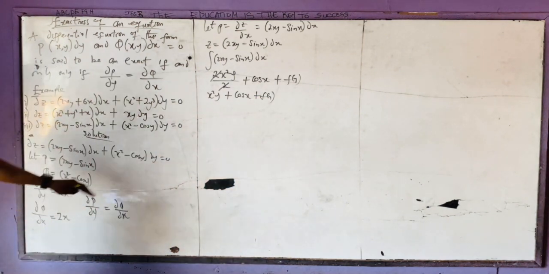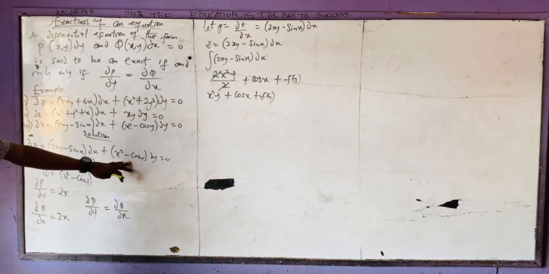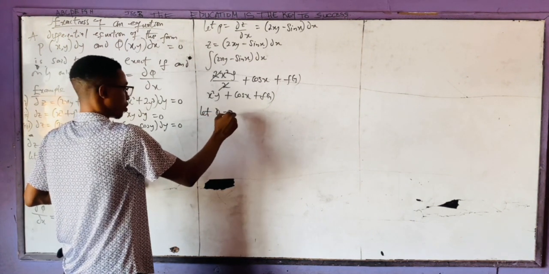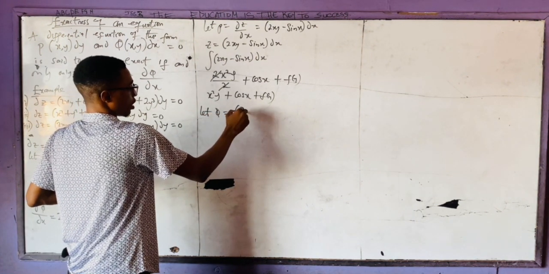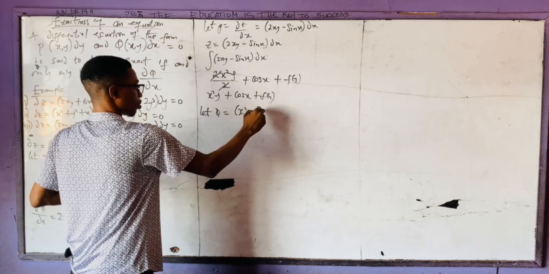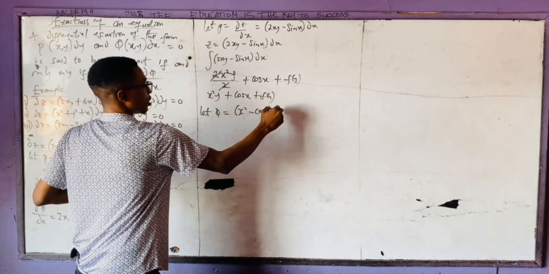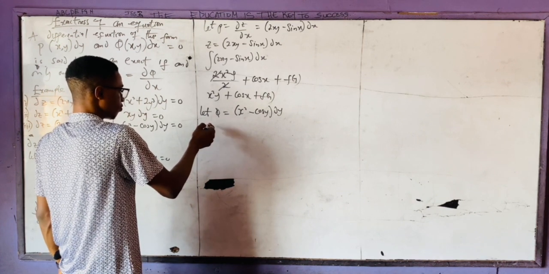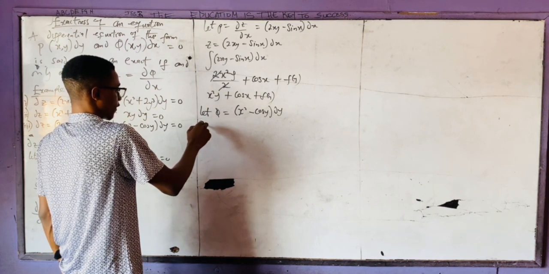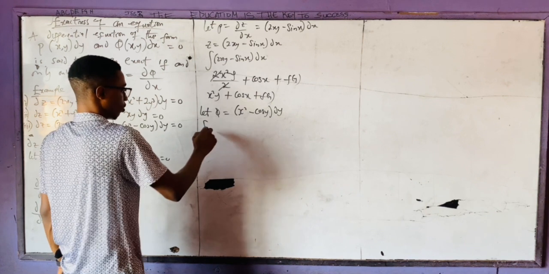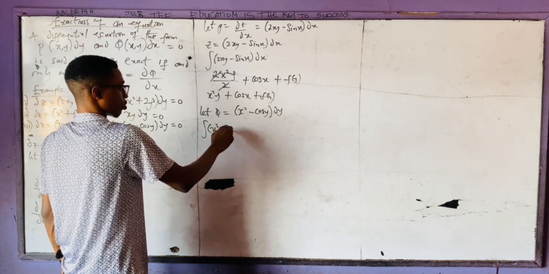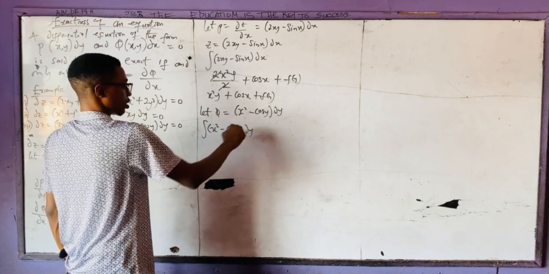Now we need to do the same thing to this other part as well, where we let q equal x squared minus cos y dy. Now we have the integral of x squared minus cos y dy.